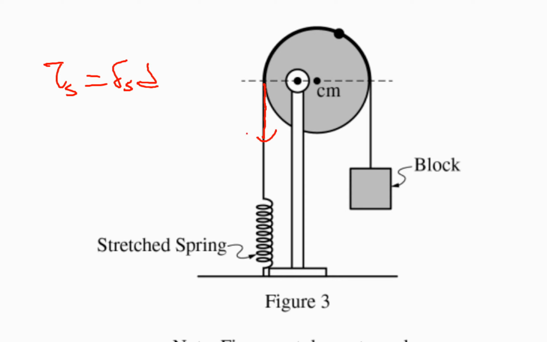So this is F_s and this is the lever arm. Compared to the previous discussion, this has decreased, and you will directly think that the torque provided by the spring decreases, and that's completely wrong, because we don't know explicitly what's happening to the force of the spring, because this depends on Hooke's law, which is given by kx.